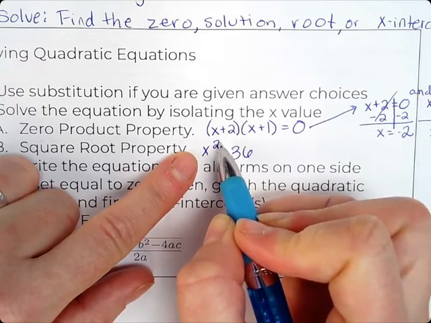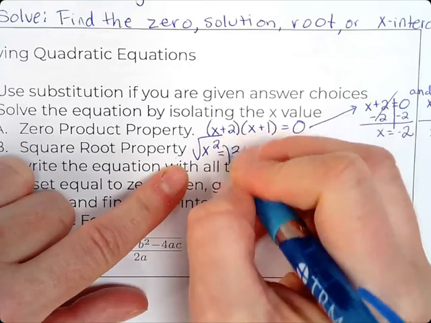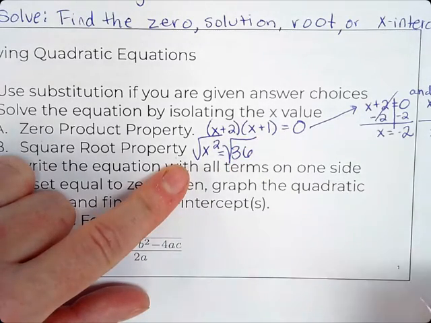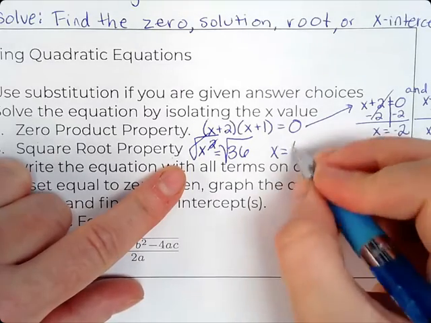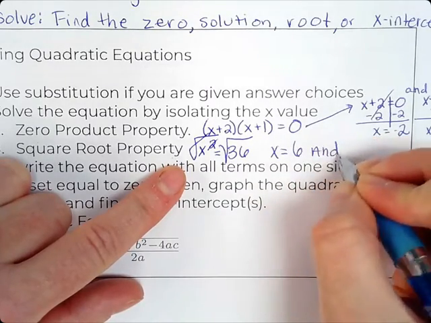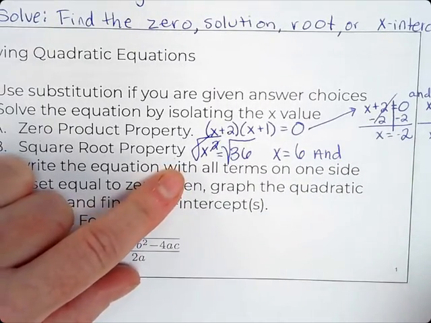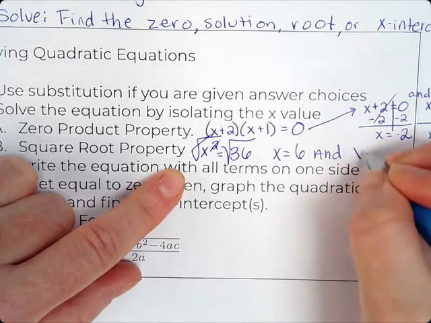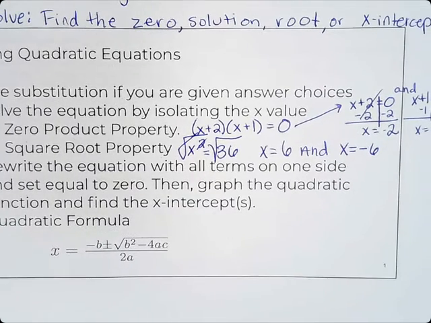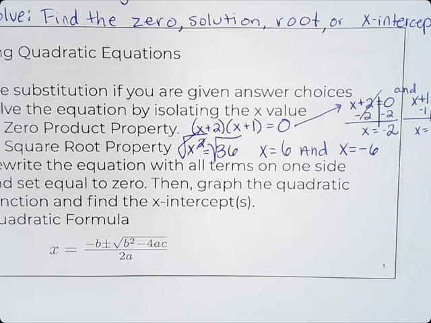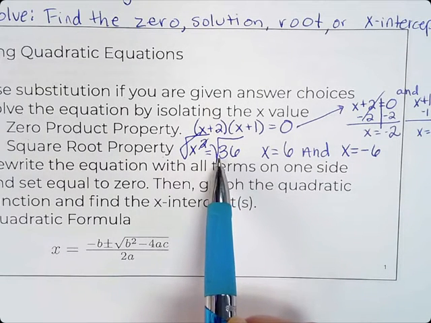To undo a squared, you take the square root. And so we get x equals 6, but also what else squared gives you 36? Negative 6. Because negative 6 times negative 6 also gives you 36. So the square root of 36 is actually plus or minus 6.